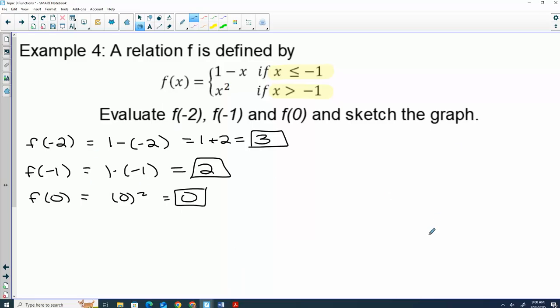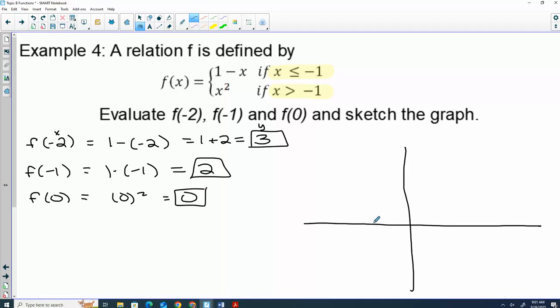Do you remember how to draw the graph? Graphs can be helpful. Okay, so I have 3 points.